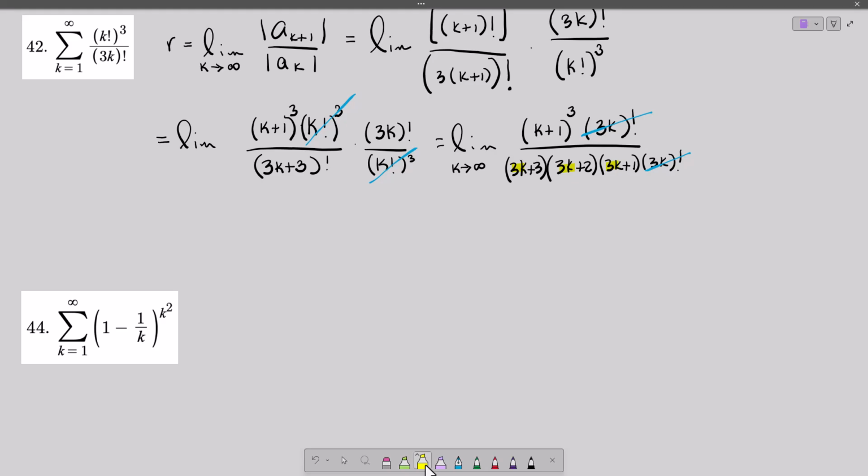All you have to do is look at the leading terms. All of these are insignificant when you take a limit at infinity. We've learned that because the math behind it would be divide everything by k cubed, and all of these little fractions will go to 0.